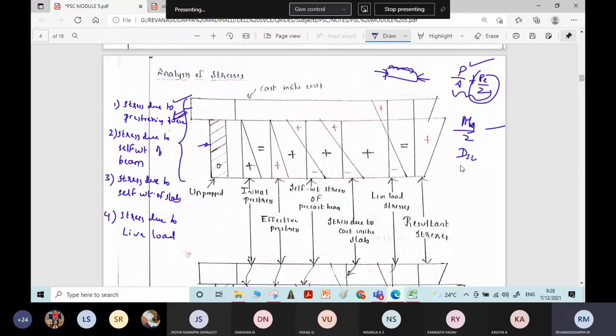Knowing the self weight you can find moment due to slab load. Moment due to slab load divided by section modulus will give stress due to the self weight of the slab. Then stress due to the live load: live load moment M_Q divided by section modulus will give stress. Combining all these you will get the resultant stress.